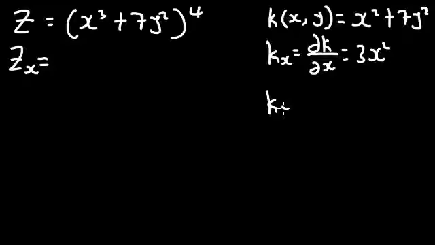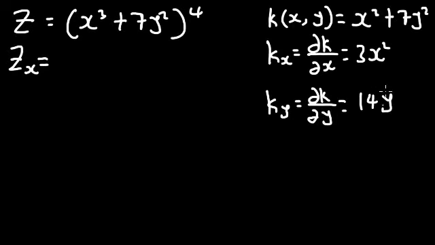Likewise, our k sub y, which is the same as partial k partial y, will be equal to 14y. This becomes a constant and becomes 0 because the derivative of a constant is 0. The derivative of 7y squared is simply 14y. Excellent.